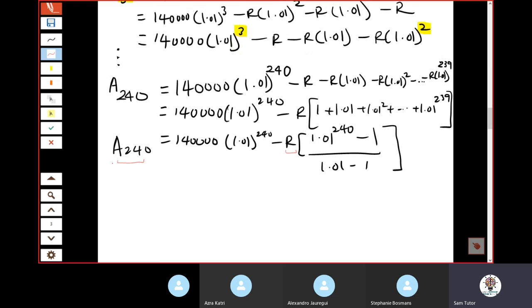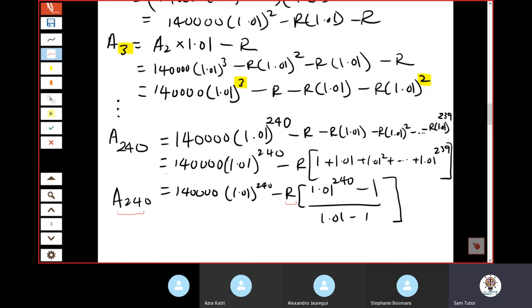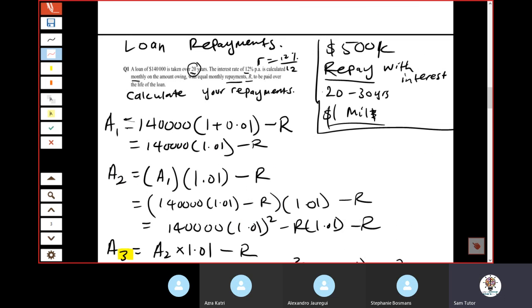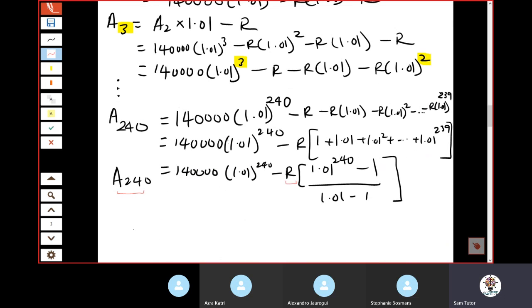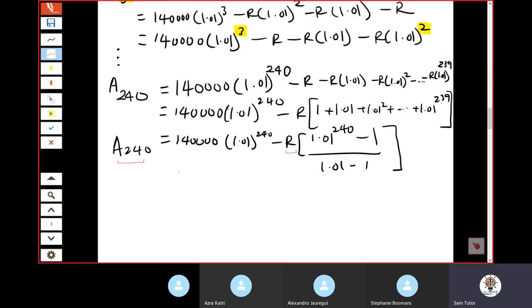What will the amount be after 240 months? Again, think about what's happening. You're borrowing money and you're repaying it, and then time goes on and on. What's the answer to A240? What must that equal to?